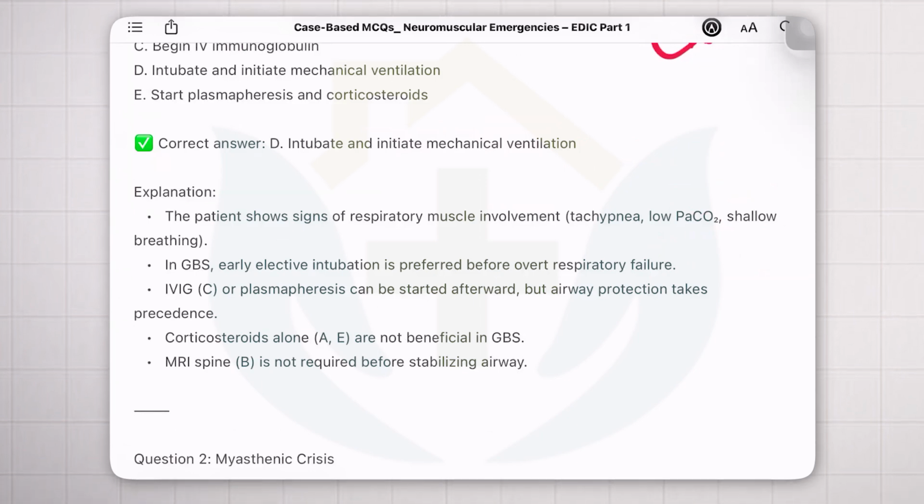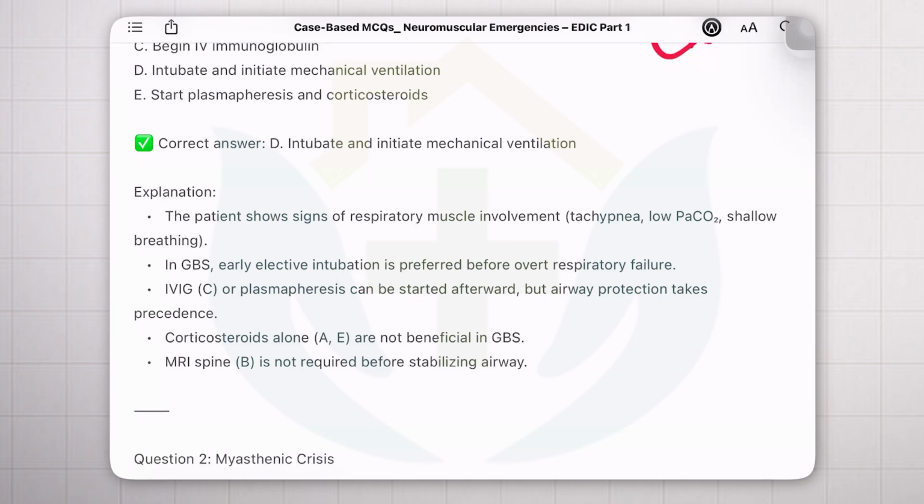This patient is showing clear-cut signs of respiratory muscle involvement. Tachypnea is there, PaCO2 is low, shallow breathing is there, and we know the diagnosis of GBS. Unless intervened by IVIG and probably plasmapheresis, the patient is not going to get better. So you should make arrangements for the safe administration of IVIG or carrying out plasmapheresis, but before that, the patient should remain alive.